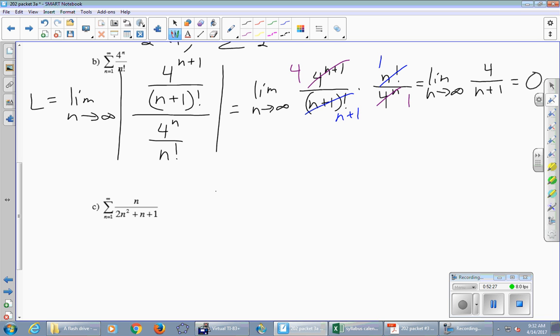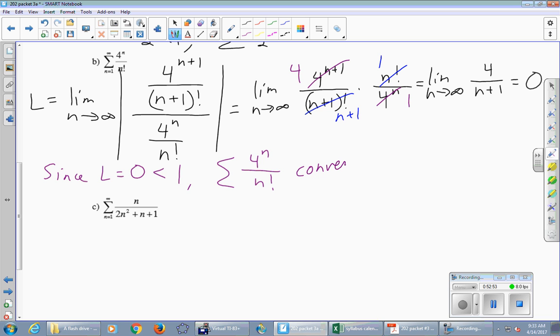Okay, so we just write our sentence. It looks almost the same as the sentence up above. Since L equals 0, which is decidedly less than, what's the cutoff, 1, that's your way of telling me I understand exactly what the ratio test says. We copy the series, 4 to the n over n factorial. What does it do?